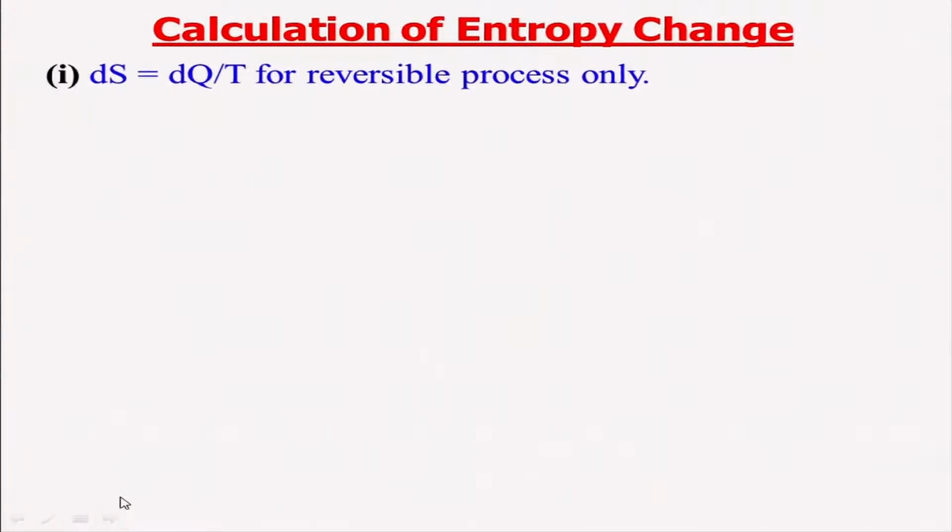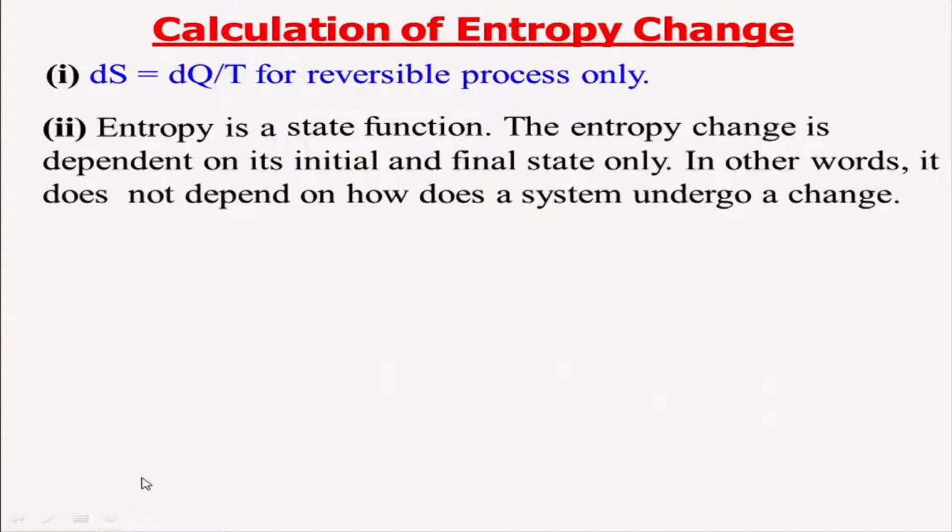Let us look at entropy change for a certain process. We know that change in entropy is equal to dq by T for a reversible process only, and as I stated earlier, entropy is a state function. So, the entropy change is dependent only on its initial and final state.